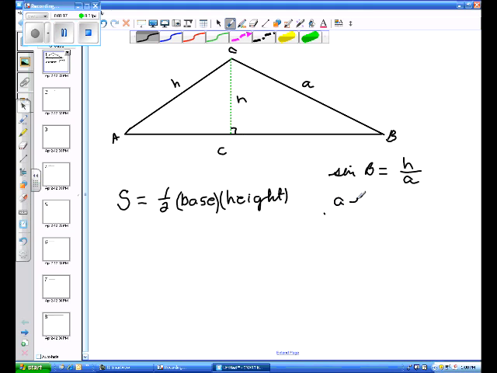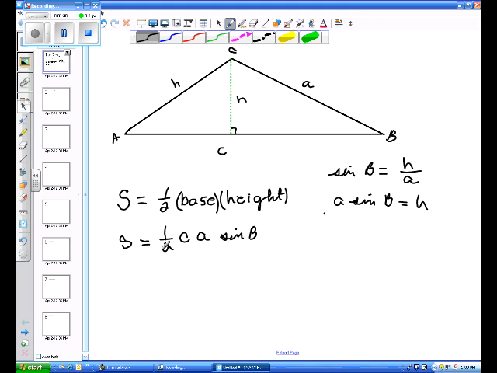So a sine B equals the height. Now in our formula, the area is equal to 1/2, and for this triangle c is the base, times the height, which we now know to be a sine B.